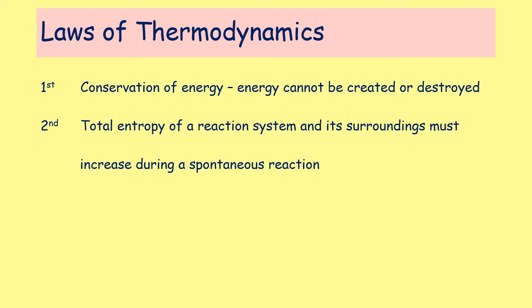increase. Now this means that, for example, if your reaction ends up decreasing the entropy, in order for the second law of thermodynamics to be upheld, the surroundings must experience an increase in entropy. If the surroundings experience a decrease in entropy, it must mean that your reaction experiences an even bigger increase in entropy.